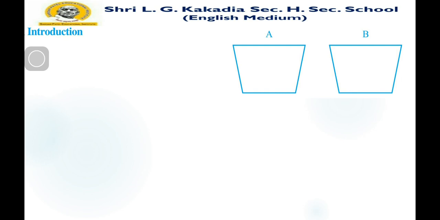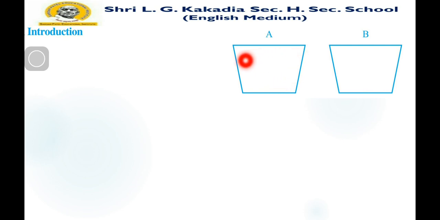We can say that these two quadrilaterals are congruent if we take this quadrilateral and put it on A, and all sides and all angles cover all the sides and angles of A. Then both figures are congruent figures.